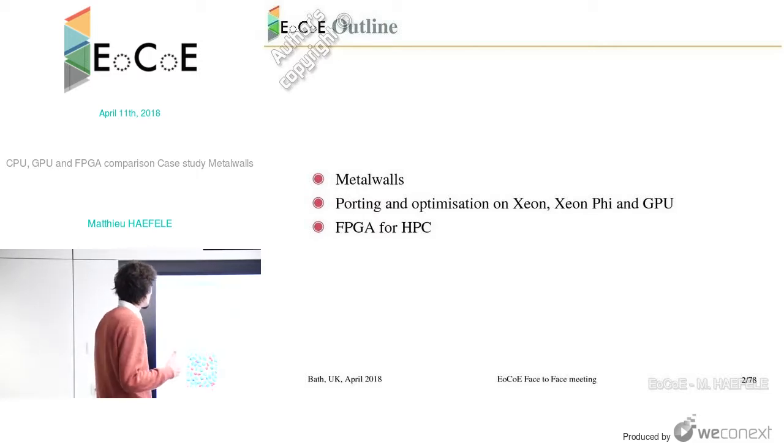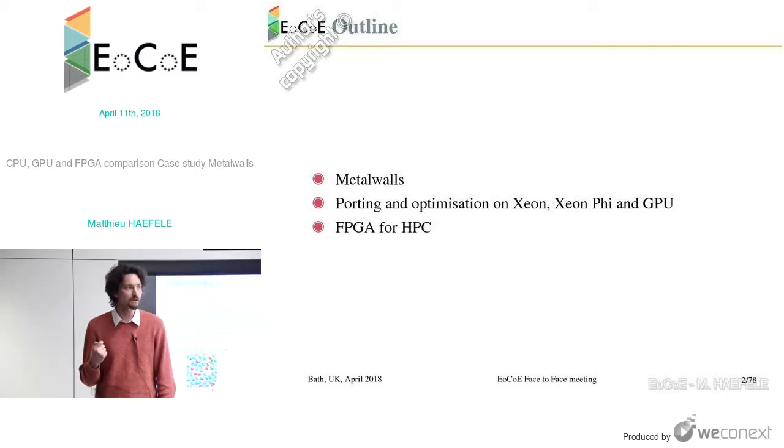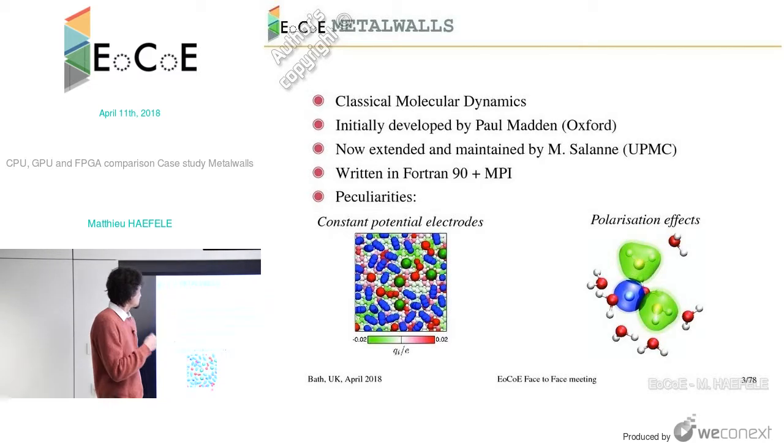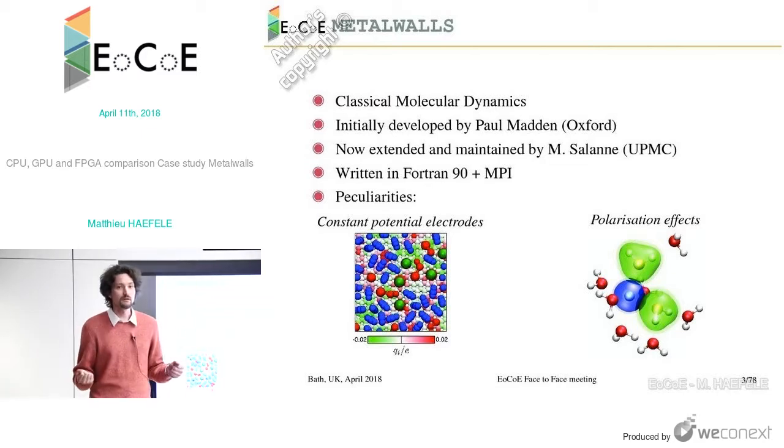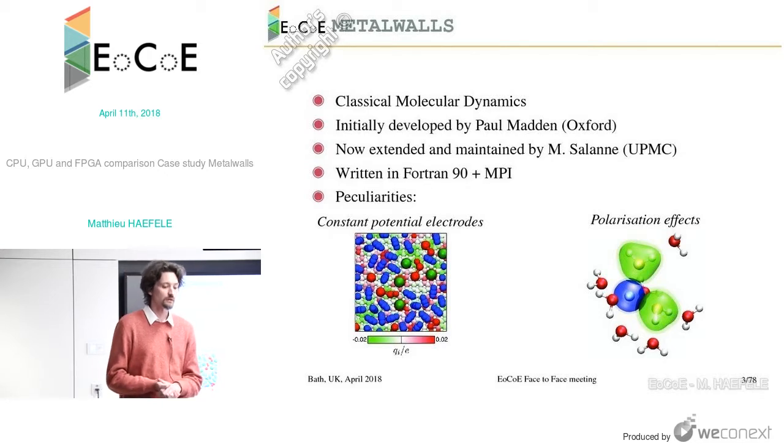Okay, so Metalwalls is about molecular dynamics. Initially it's a code developed in England, in Oxford, and now maintained by Mathieu Salanne at UPMC. The original version was written in Fortran 90 as a pure MPI application, and there are a lot of different codes around doing molecular dynamics.